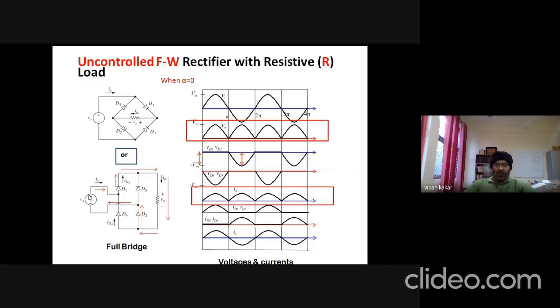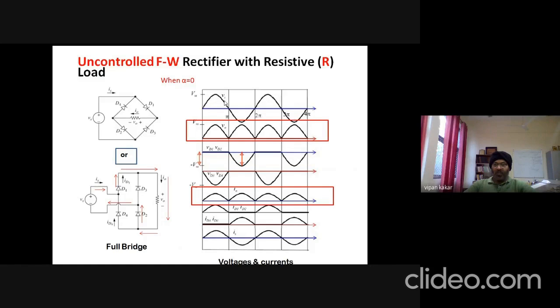To quickly go through this, we'll be working in two modes. Mode 1 is where we are talking about the positive half cycle of the input supply, which is a sinusoidal input AC signal.